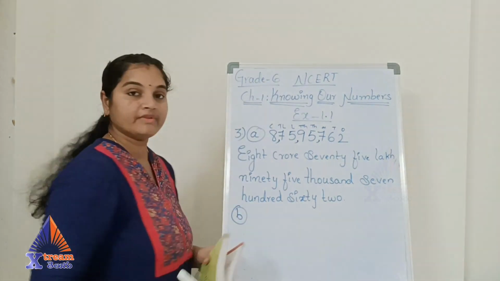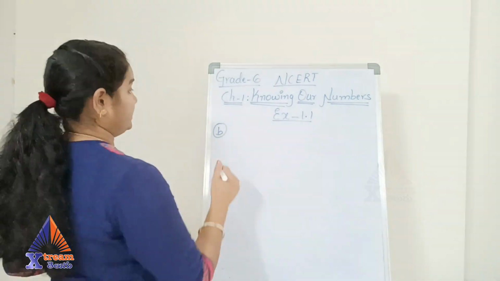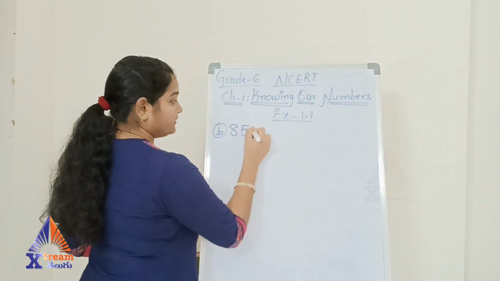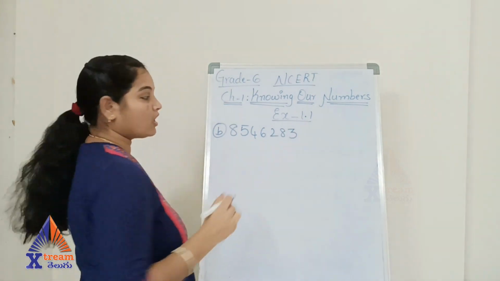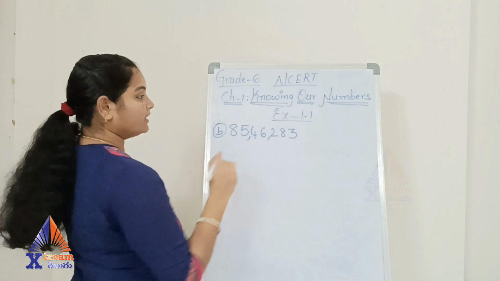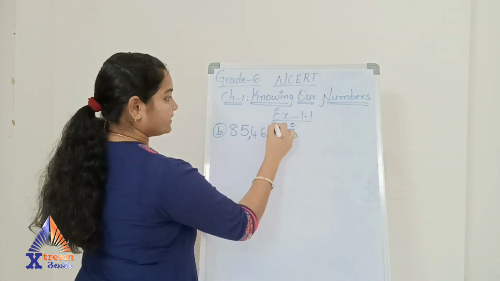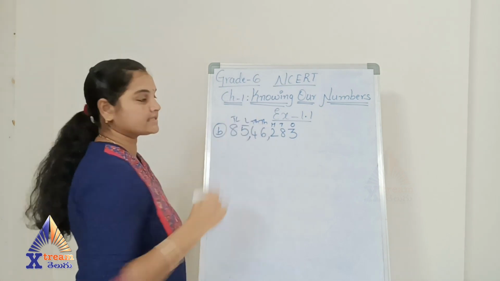So the second number we have is 8546283. Now again giving the commas 1, 2, 3, 1, 2. So here we have ones, tens, hundreds, thousands, 10,000s, lakhs and 10 lakhs.